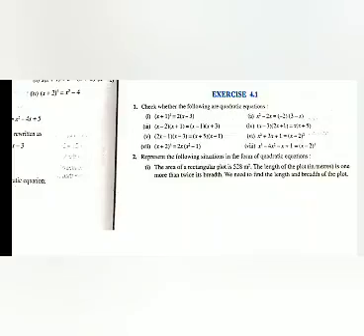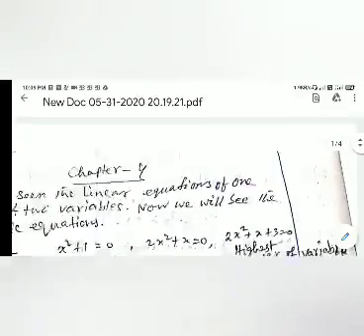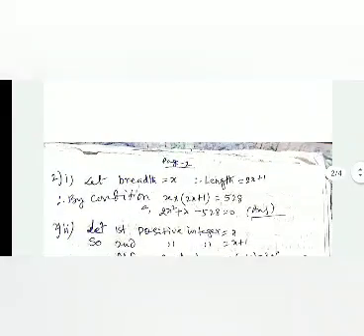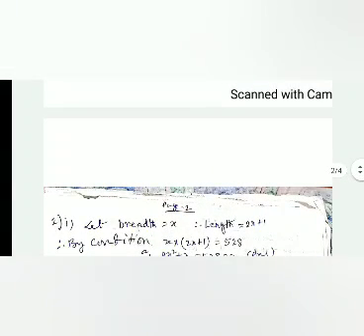For this problem, you come to solution. See here, question 2a, let breadth equal to x. So length will be twice of x plus 1, that is, 1 more than 2 times the breadth, 2x.